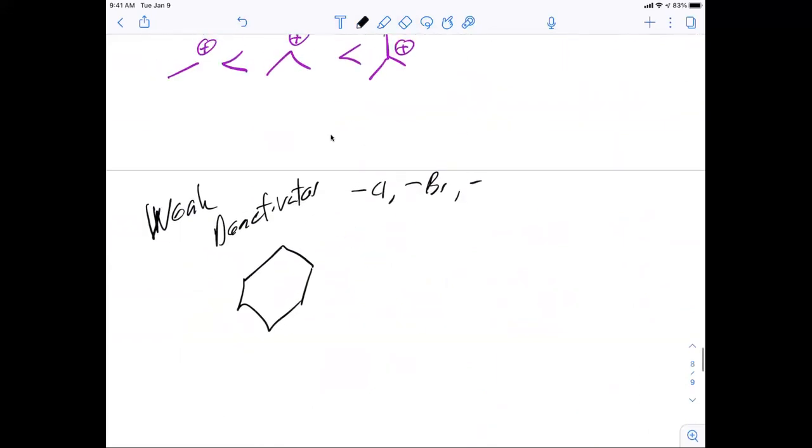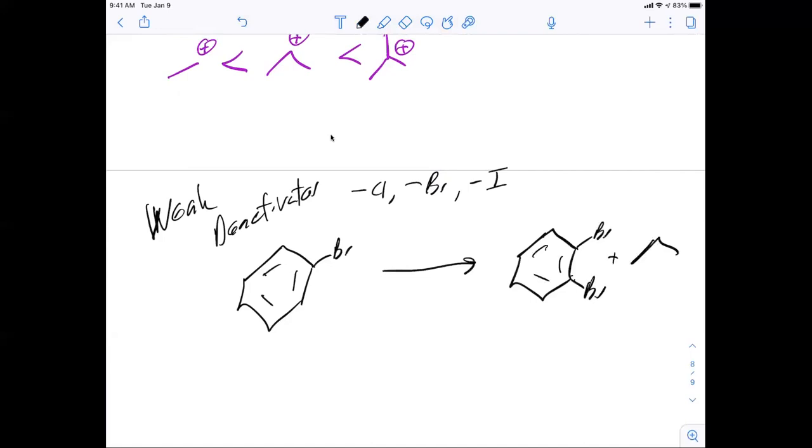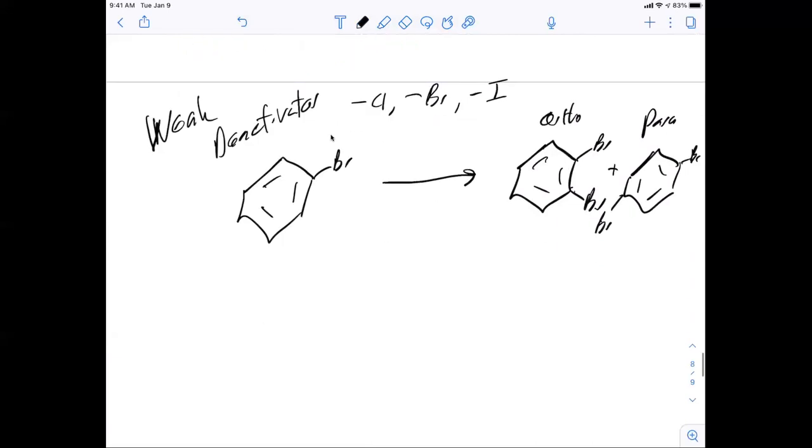Fluorine is bizarre. Carbon-fluorine bonds are a little bit different. So if I had a bromine here, that's going to direct ortho-para.